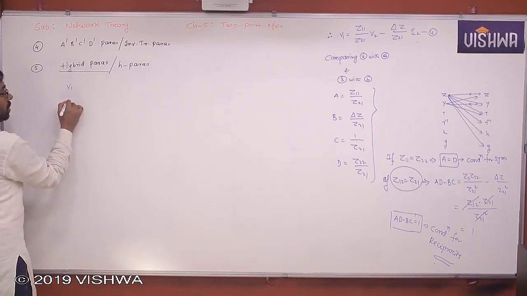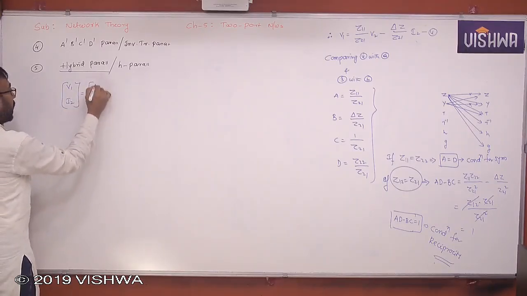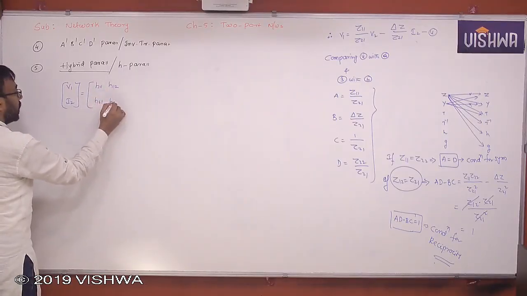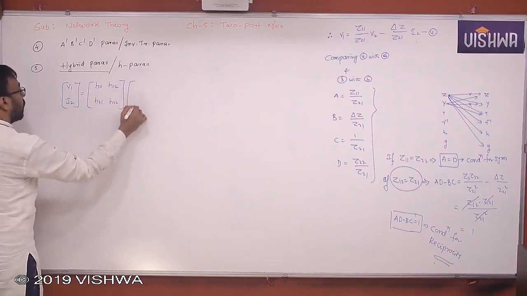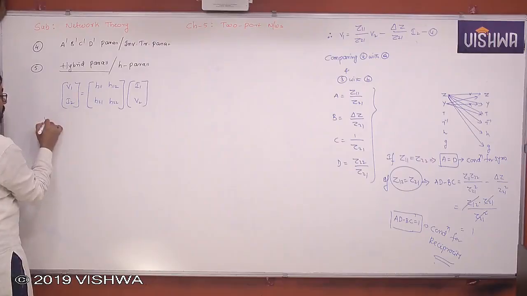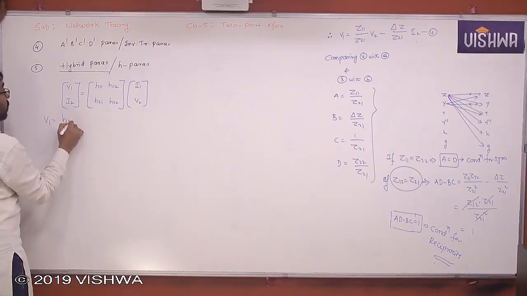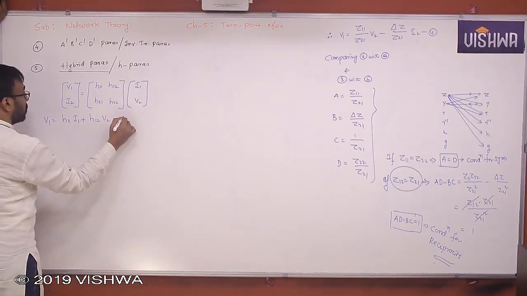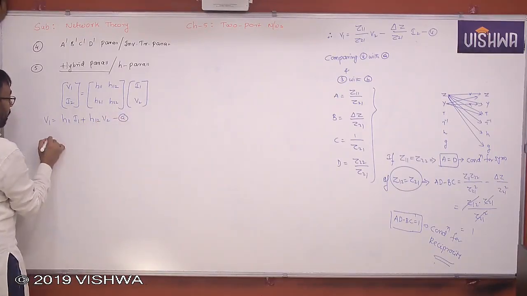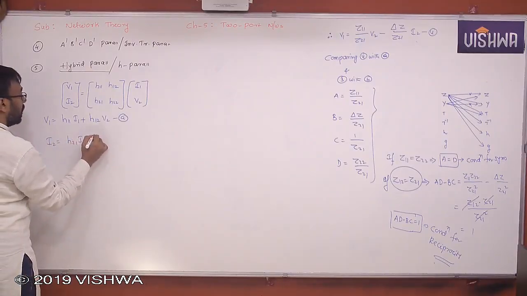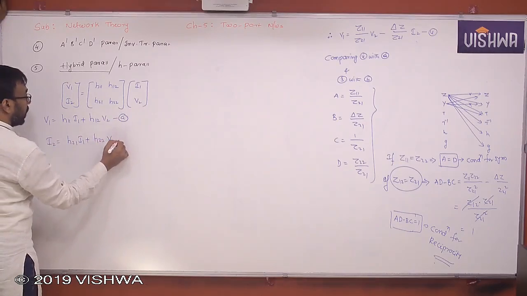V1, I2 is equal to the matrix H11, H12, H21, H22 times I1, V2. So V1 is equal to H11 I1 plus H12 V2, equation A. I2 is equal to H21 I1 plus H22 V2, equation B.